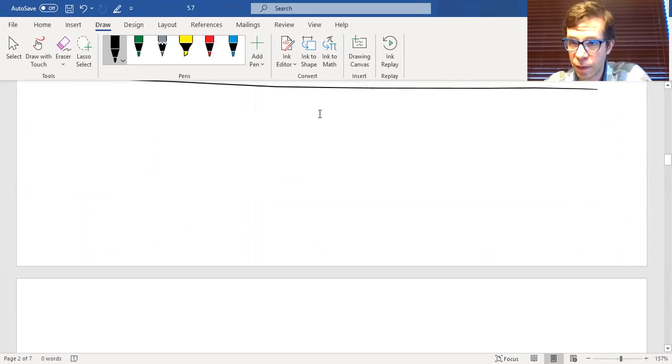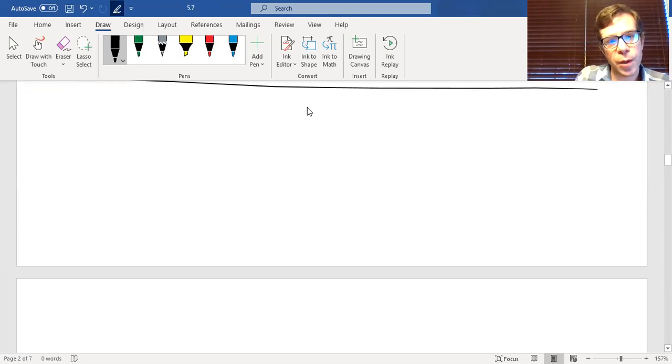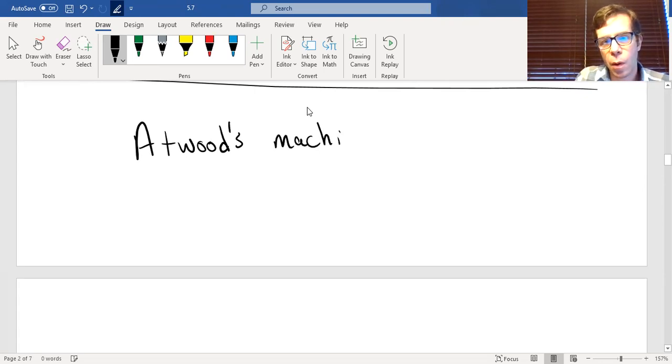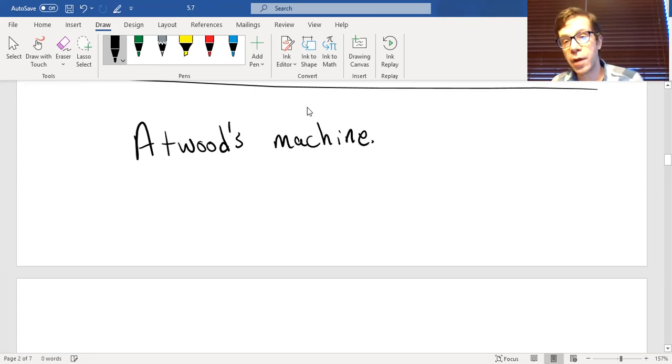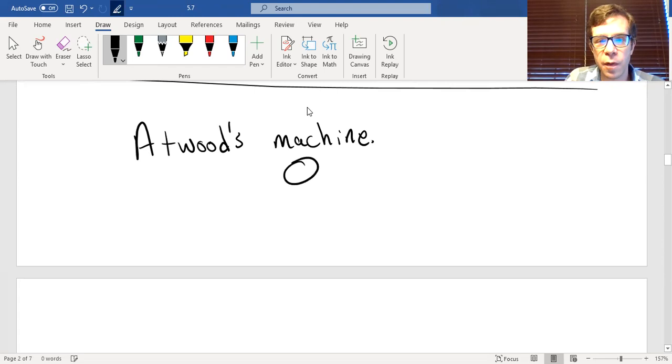What else do I have? We talked about the scale in an elevator in class, so I'm going to skip that and go to the Atwood machine. I have a video of me doing this with a physical object that you can watch. It consists of a pulley with a string run over it and a mass attached to each end.